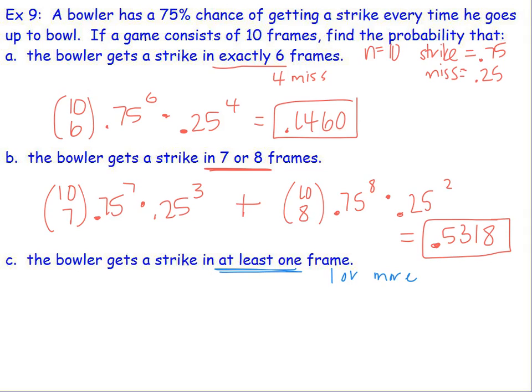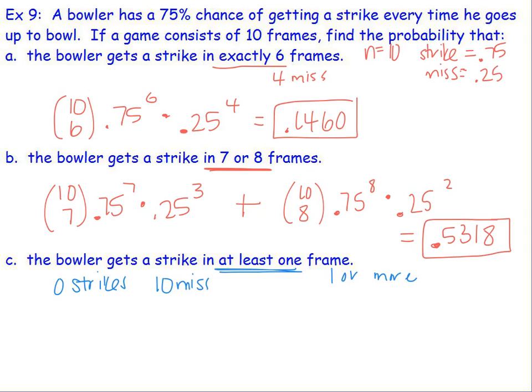That's a lot of cases, 10 different options. Well, again, if you have too many options, think about the ones that we don't want. The only case that we don't want is 0. So that's the case we're going to find. We're going to find the case that he gets 0 strikes, which means he has 10 misses.